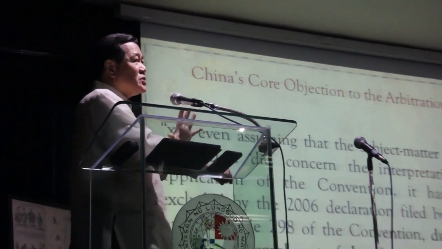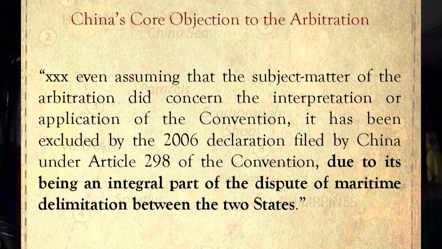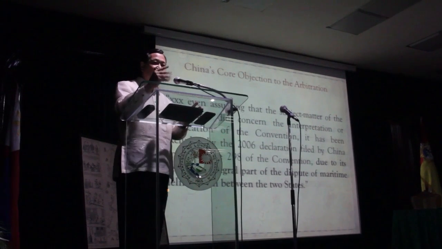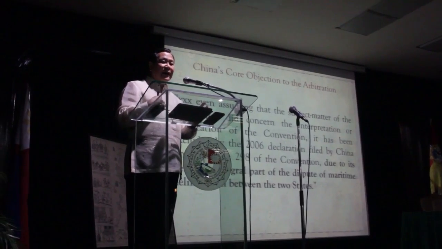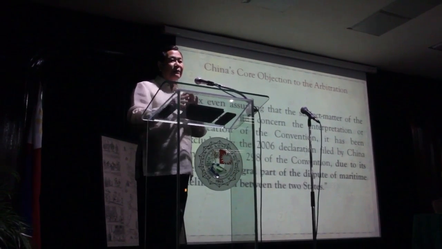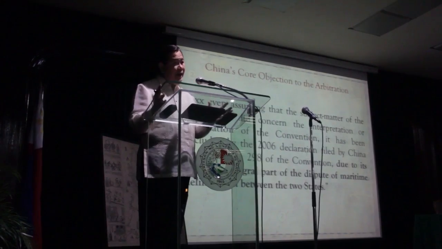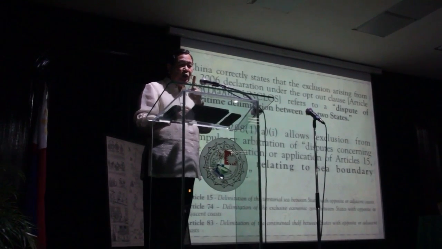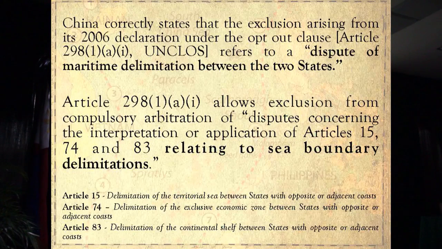Now, what is China's core objection to our arbitration case? This is a quotation from the position paper of China. China is saying that we have brought an arbitration that involves a dispute of maritime delimitation between two states. Because under UNCLOS, a party can exclude itself from compulsory arbitration by making a reservation, but with respect only to sea boundary delimitations.